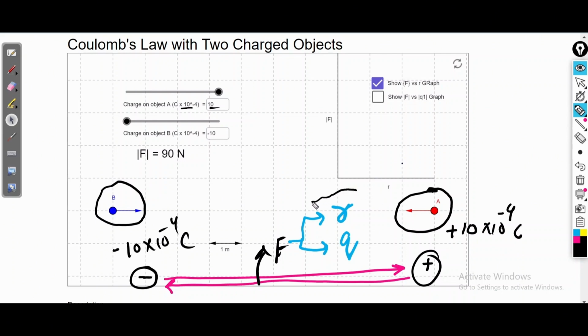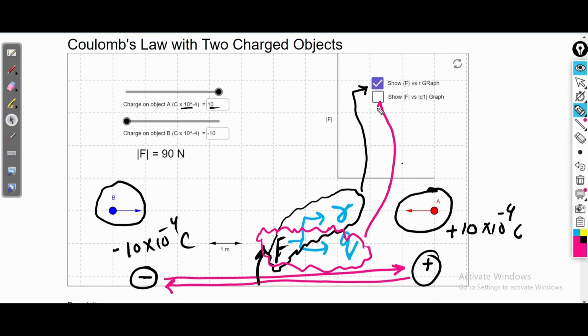The relation between the force and the distance r is labeled here. If you check this box, the graph will turn to the relation between the force and distance r between the objects. And if you want to plot the relation between the force and charge, then you will check this box.